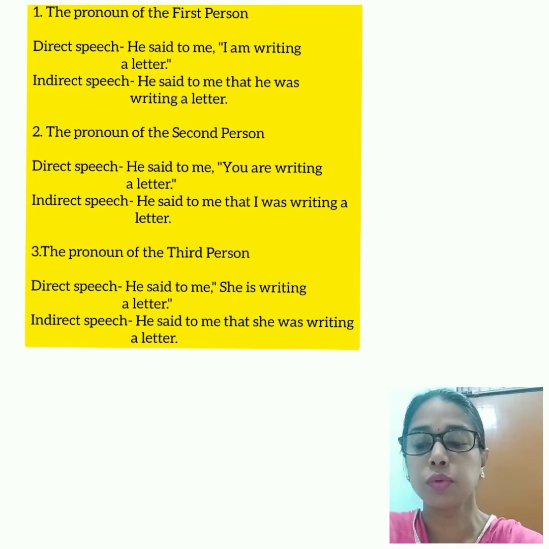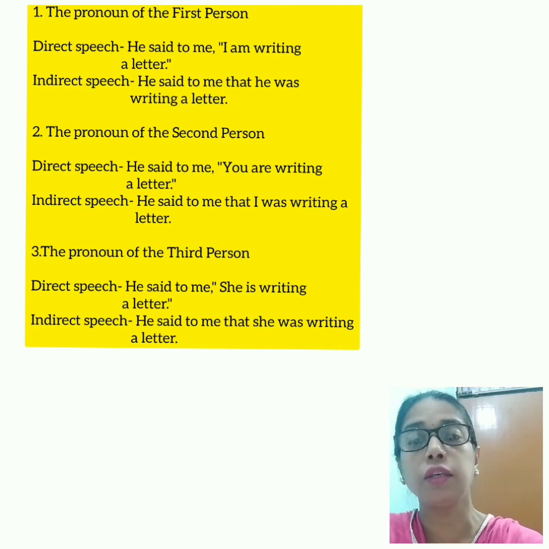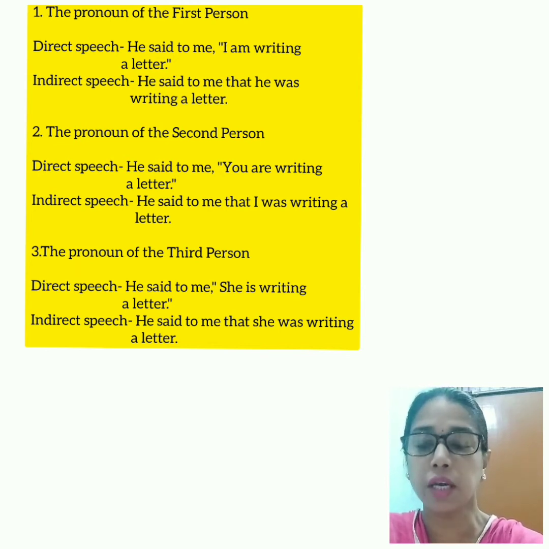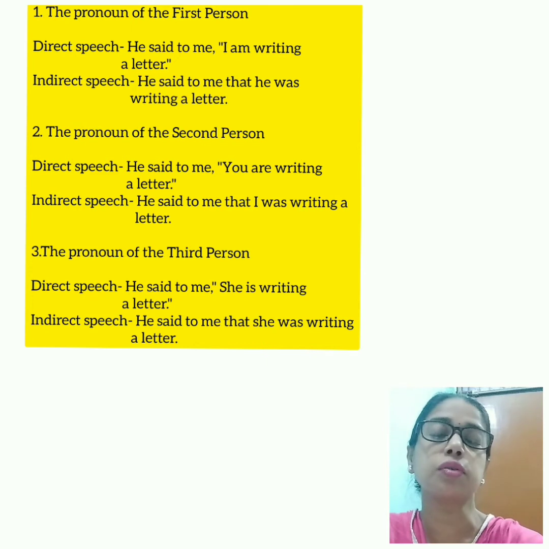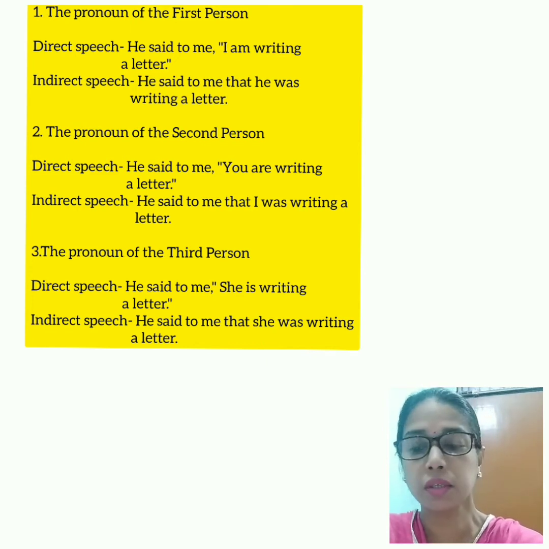Then the second rule is related to the pronoun of the second person. Now the pronouns of the second person are like you, your, and yours. So when these are there in the direct speech, then it is related to the object of the reporting verb. And so we will be making the change according to the person of the object.